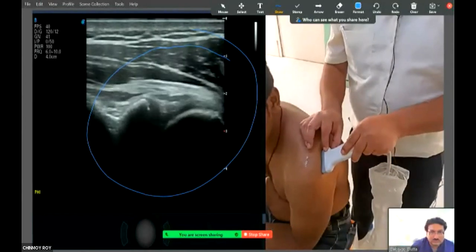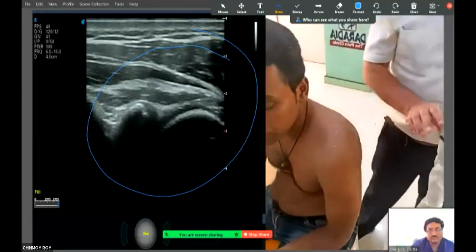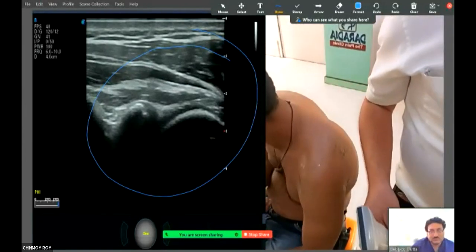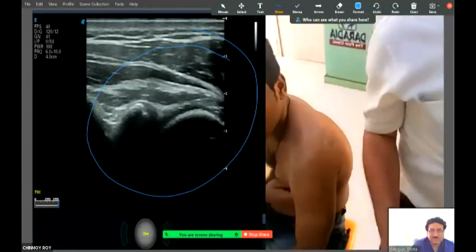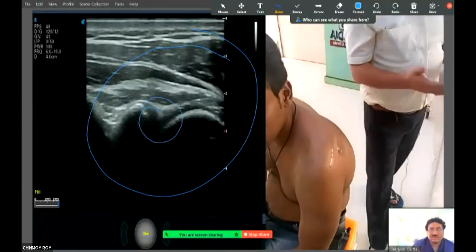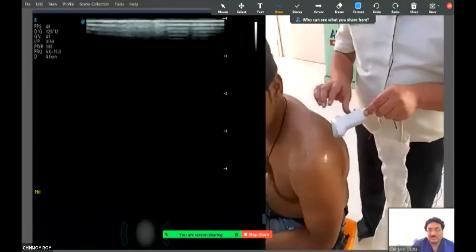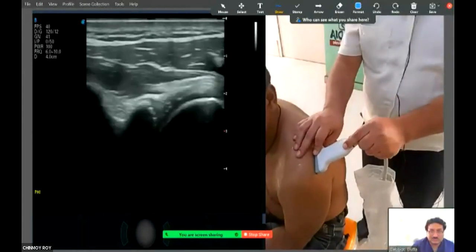Here also one impingement can occur between the labrum and the humeral head. This movement also may not be that smooth in a patient.